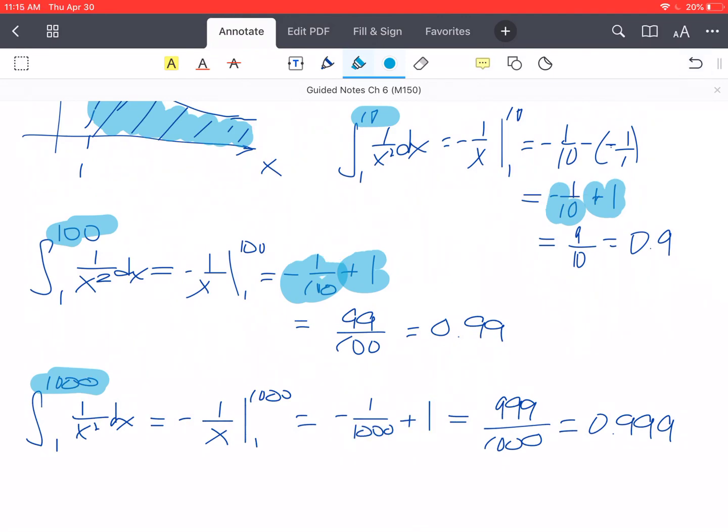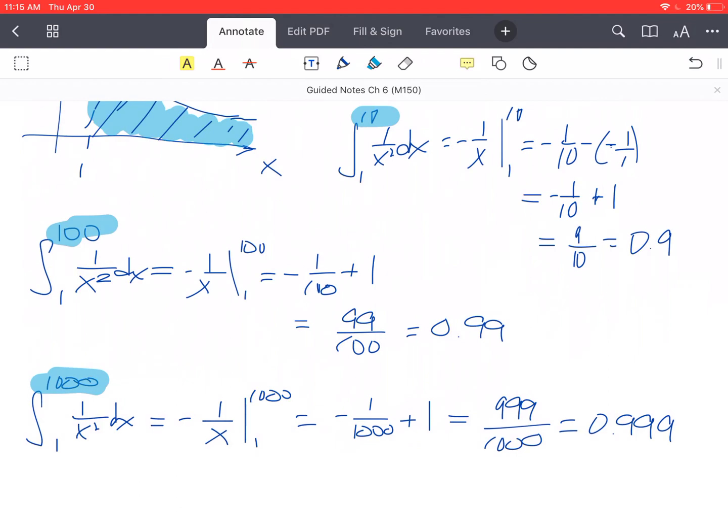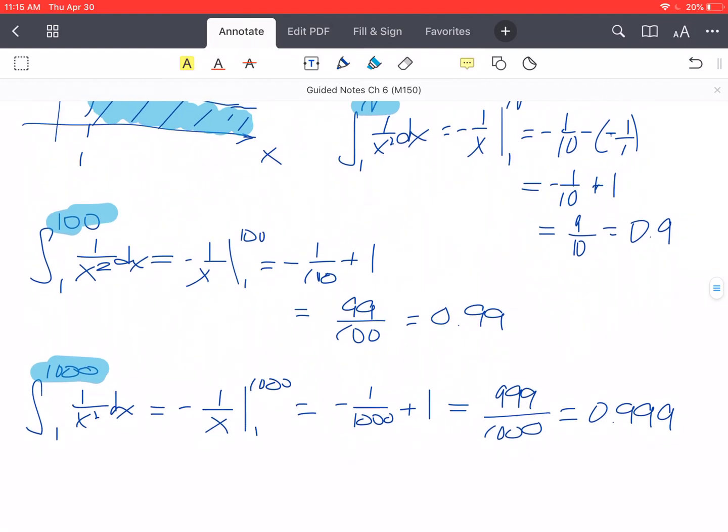This is the pattern that is repeating over and over again. So this integral, this area, will never cross 1. And as x goes towards infinity, the value of this integral is actually approaching 1.